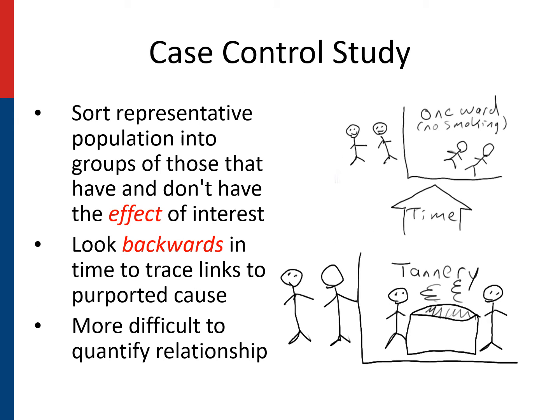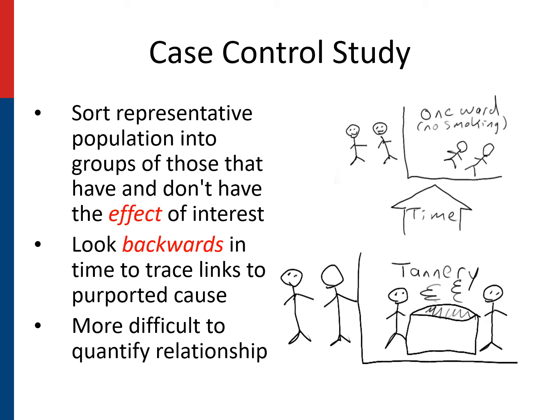What is a case control study? It's backwards. You take a representative population and you find those who have the effect you want, and then look backwards to find links to a purported cause. Unfortunately, because of the way you're designing it, it is more difficult to quantify the relationship.